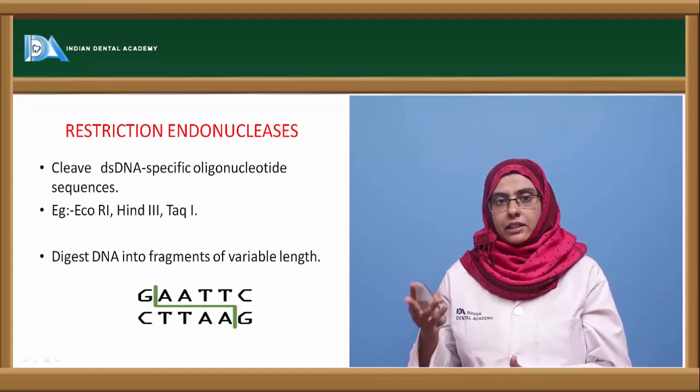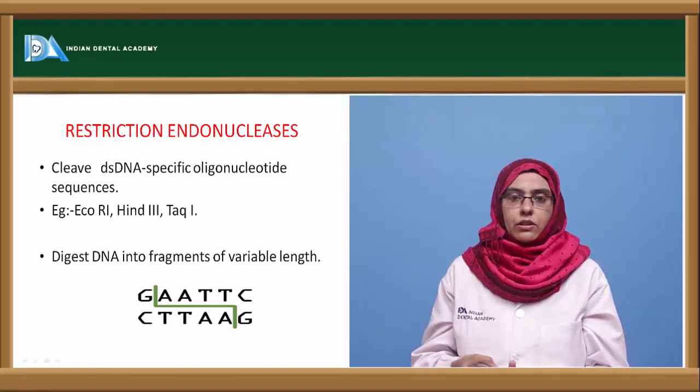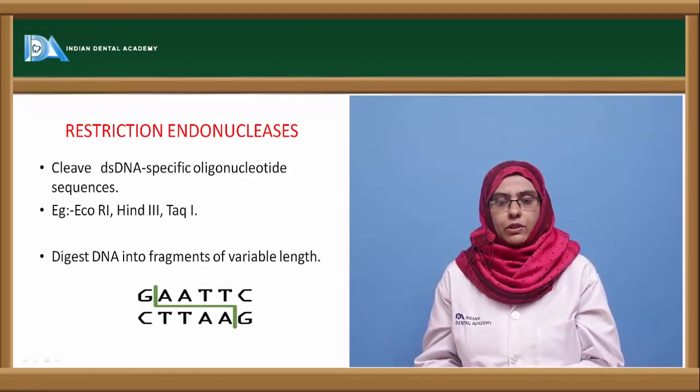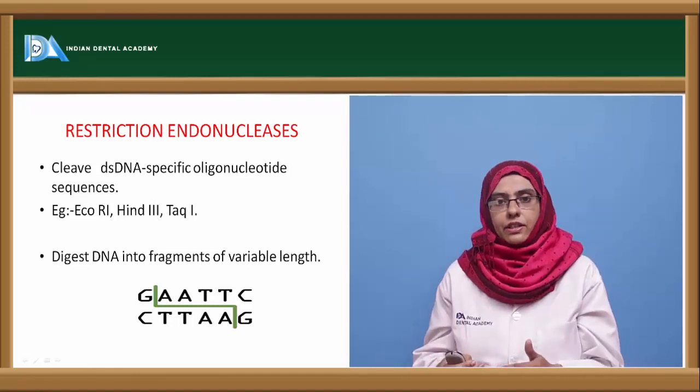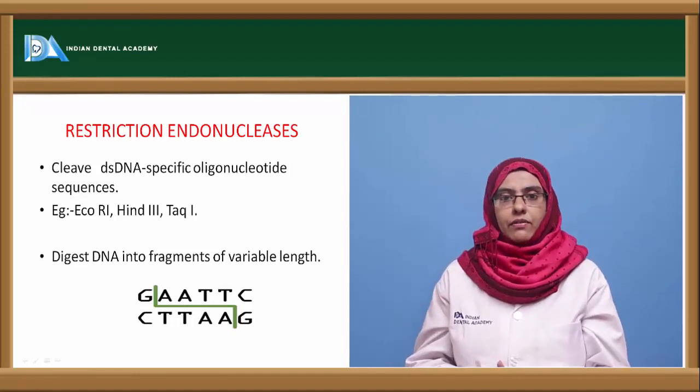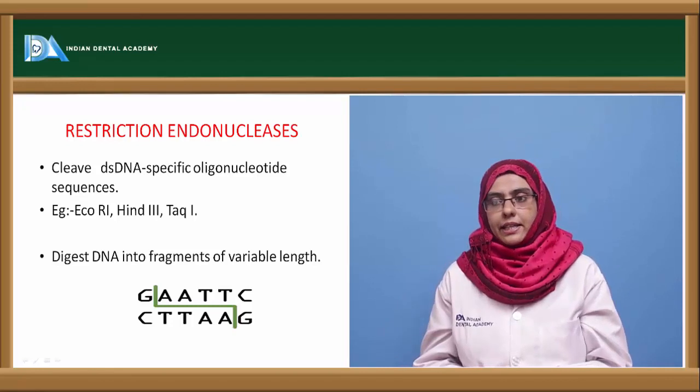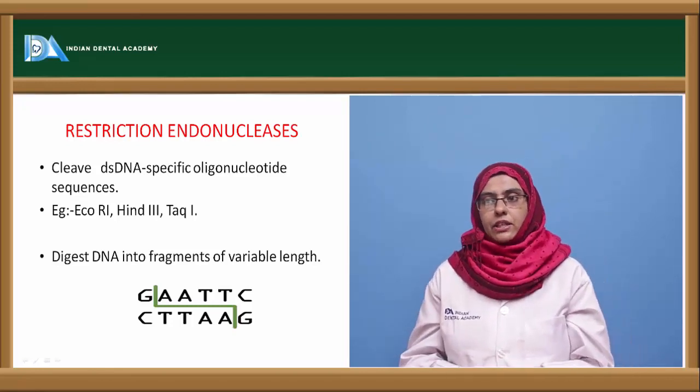The same restriction endonuclease is used to cut the vector DNA molecule, where we can integrate our gene of interest and ligate it with the help of a molecular glue called ligases. There are different types of restriction endonucleases.